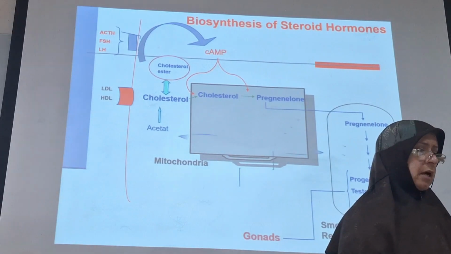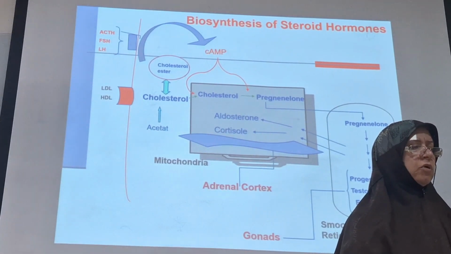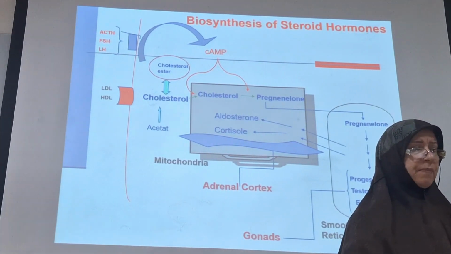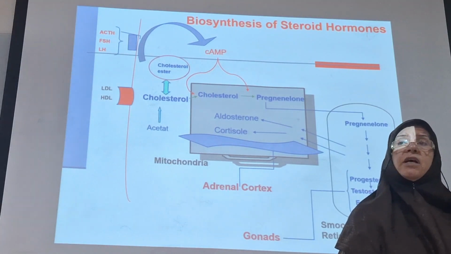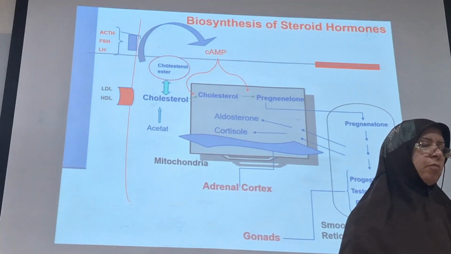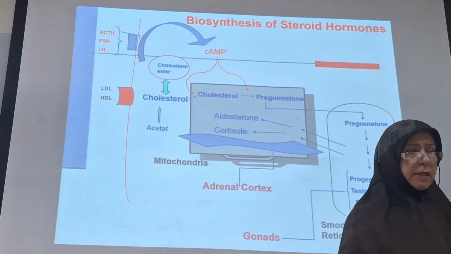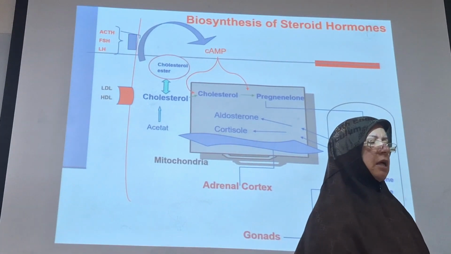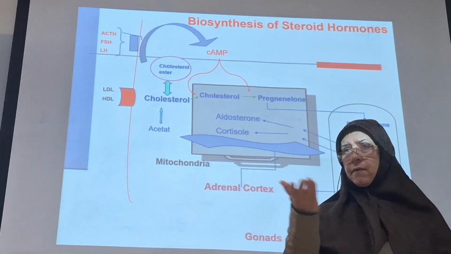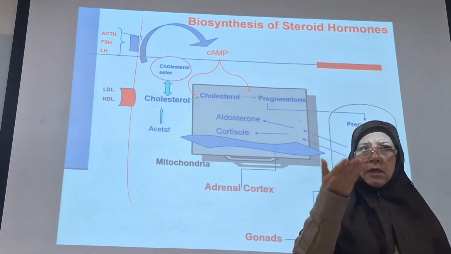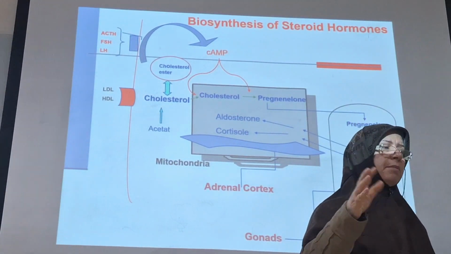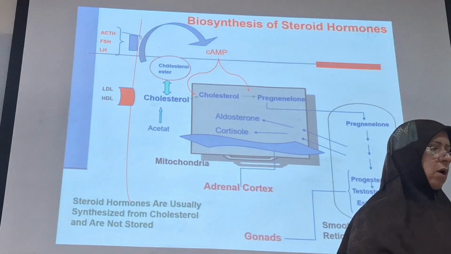About adrenal cortex hormones, aldosterone and cortisol, the final step of hormone synthesis takes place inside the mitochondria. After production of aldosterone and cortisol, they diffuse through the mitochondrial membrane and cell membrane and go out of the cell.